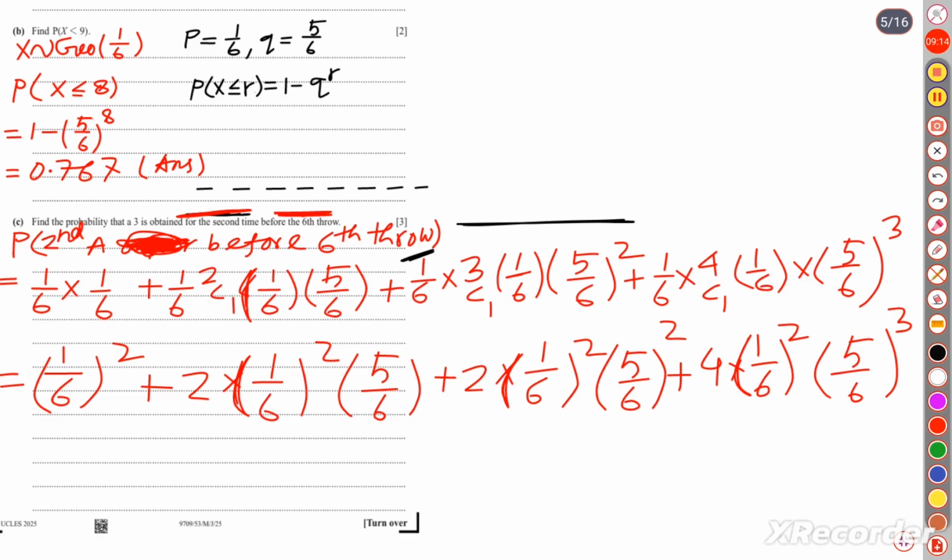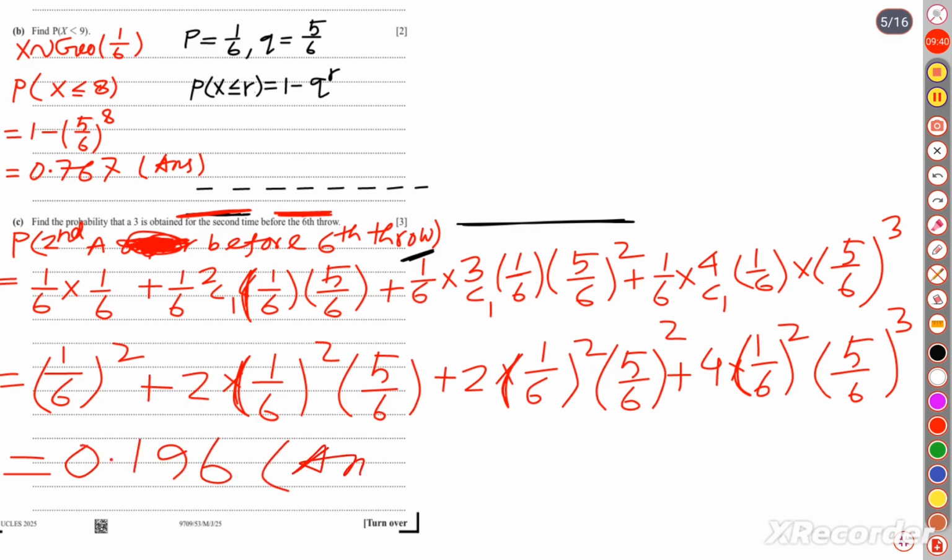That's why among three there is one success, two failures. Thus we kept on doing this till the fifth trial. Then finally our result, if we use our calculator, will show that our probability is 0.1962, that means 0.196 if we round it to three significant figures.